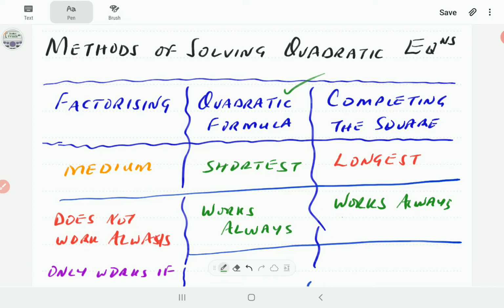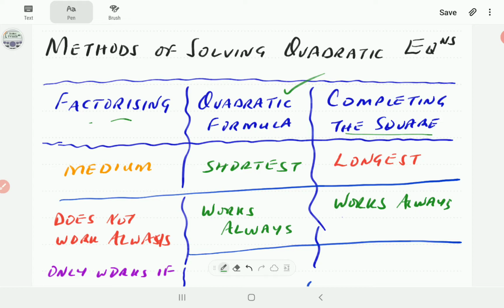But of course, as a student, the question might specify which method to use, so you need to master these other two methods as well, because if the question says solve using the method of completing the square, then if you use any other method, of course you will not get any marks for that question.